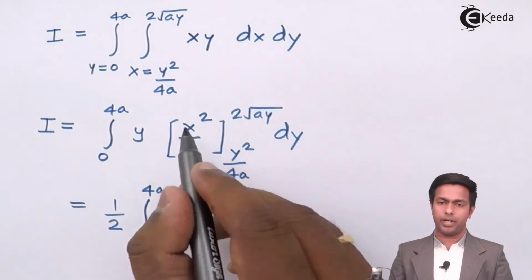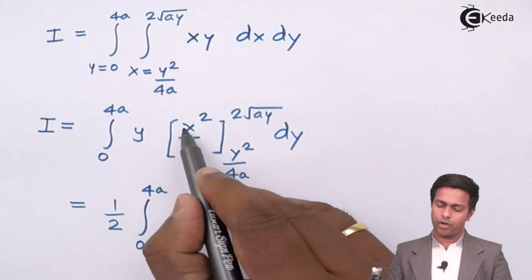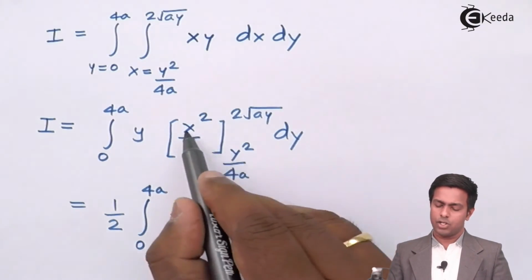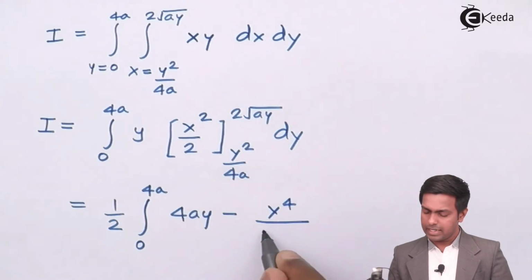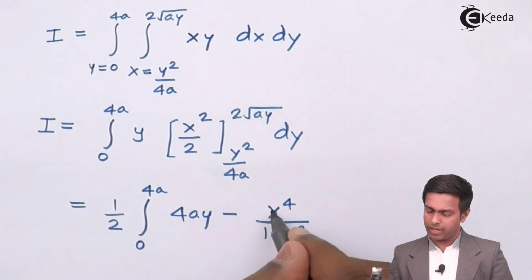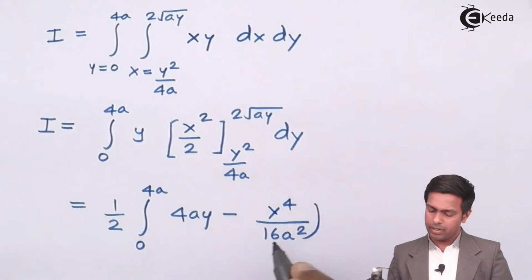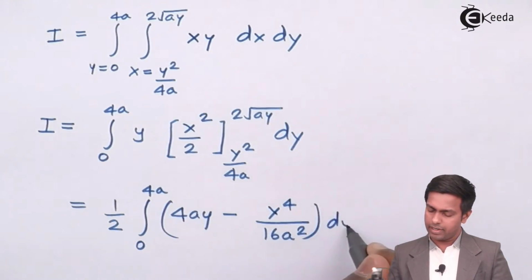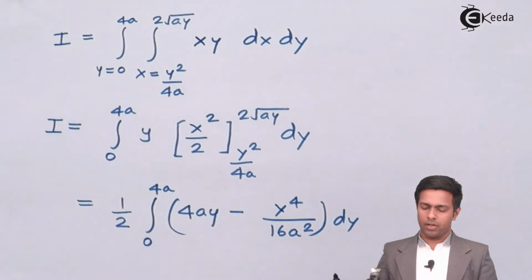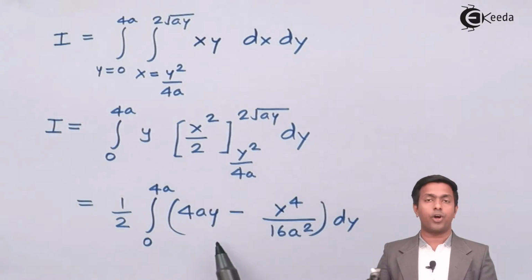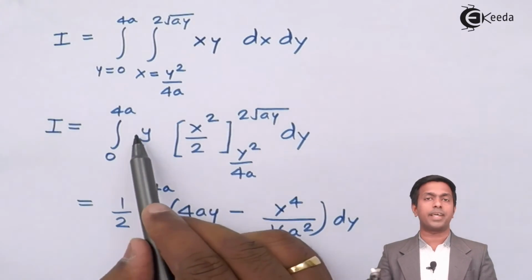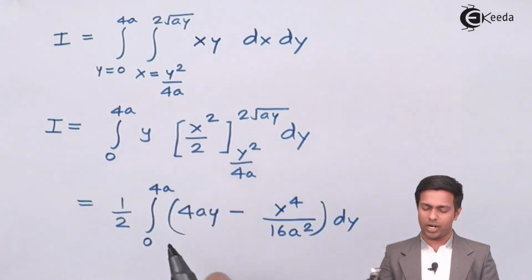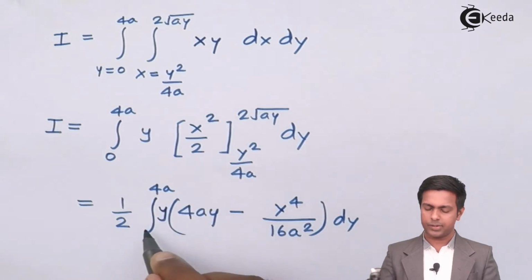The square of this, because this is the value of x, will be y raised to 4 upon 16a square, into dy. With this we also have one more y which we have taken outside, so I'll write that y over here.